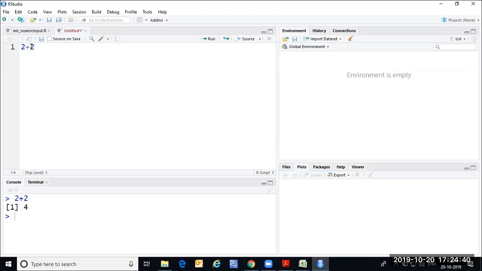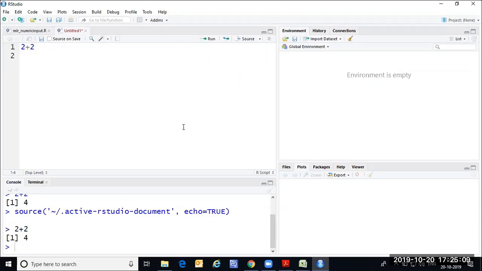Or else, you can place the cursor anywhere on this line and just say Control Enter. Even then, the line of code will be executed for you. Otherwise, you can go to the Source drop down and say Source with Echo. Even that does the same. It will execute that script or line of code.